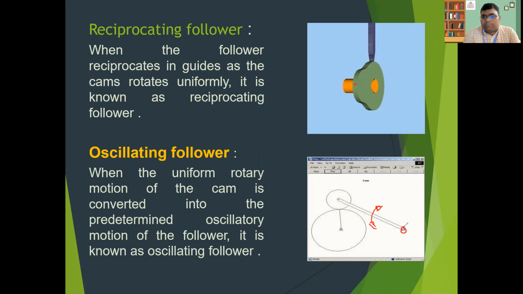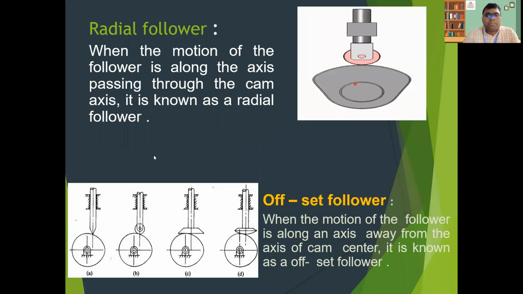So this one is known as an oscillating follower. The definition: when the uniform rotary motion of the cam is converted into a predefined oscillatory motion of the follower, it is known as an oscillating follower. As the name depicts, it oscillates, and you can see it with the help of the diagram. Let's discuss the last one.